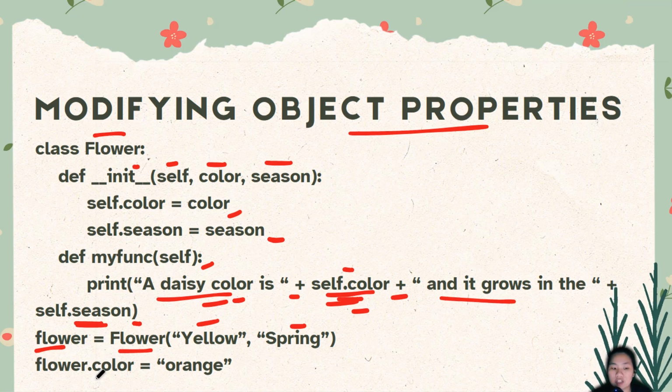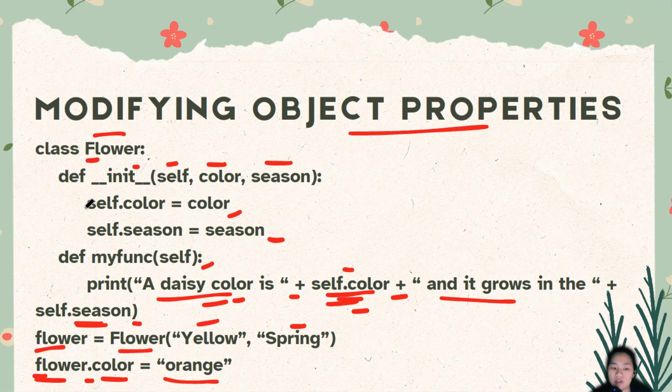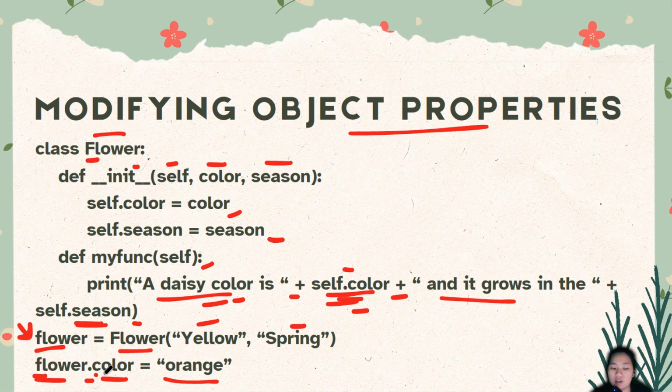I want to change it. I can simply do so by using flower.color = orange. Okay, flower, not this Flower but this flower, then dot the property you want to change, and then the value that you want it to change to.